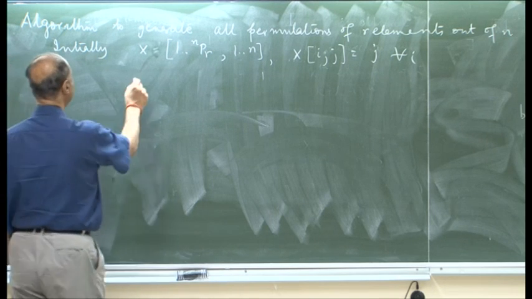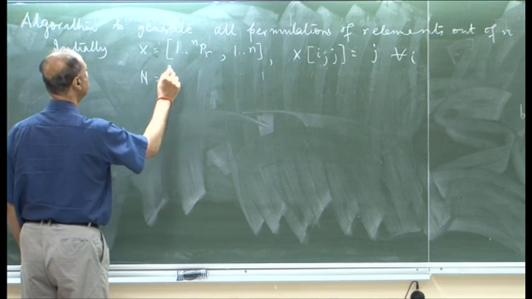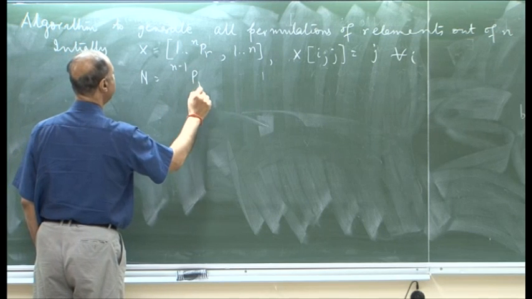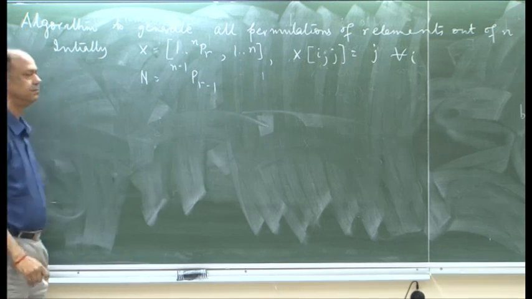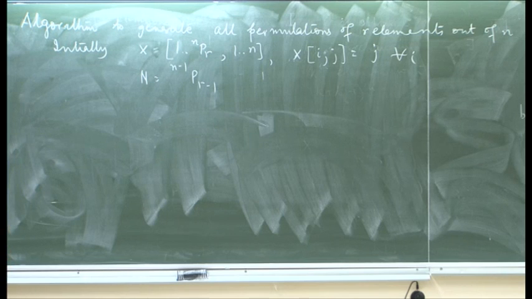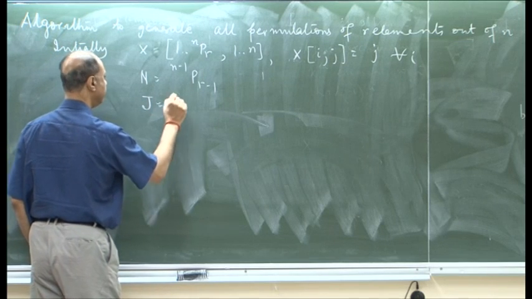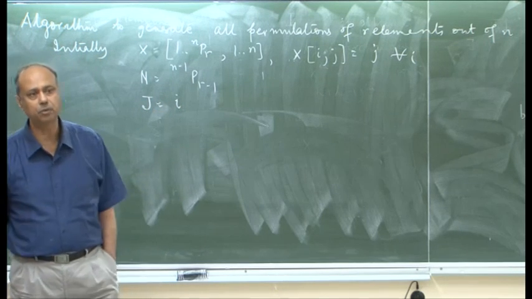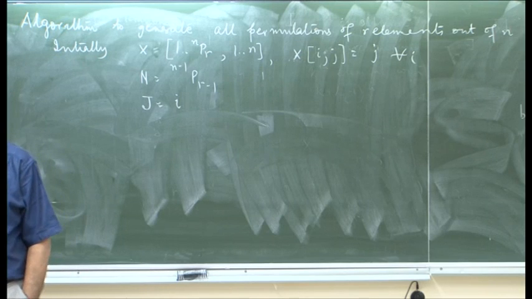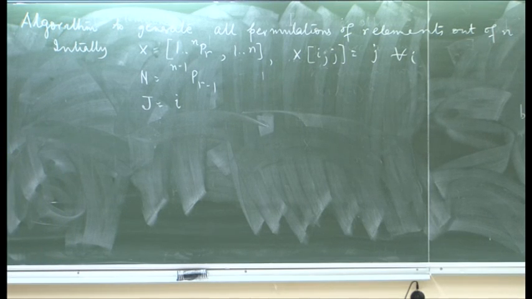And also we assume that n is equal to n minus 1, NPR minus 1. And also let us assume that j is equal to i. That means I am thinking about the ith row. So this is your initialization.